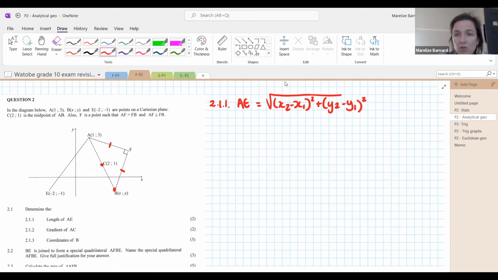Yeah, and depending on your school, I don't think you guys get these formula sheets, so you might need to memorize this formula. But right, let's work this out, everybody. Pop your answer in the chat when you're done. The length of AE.